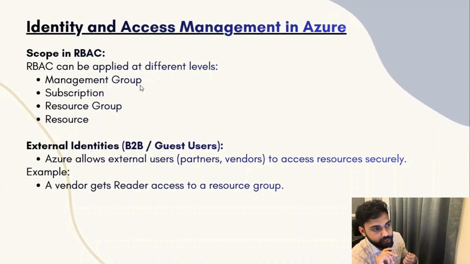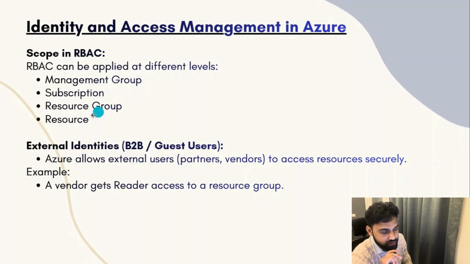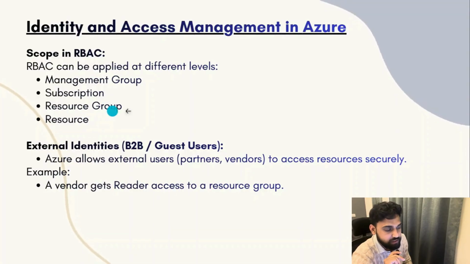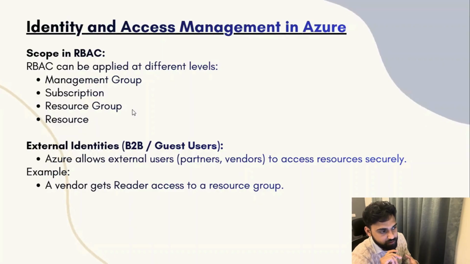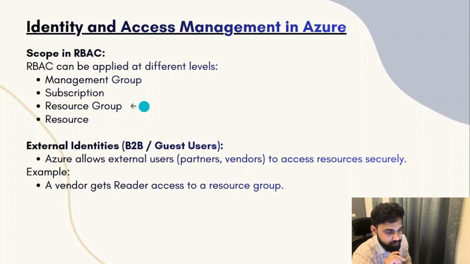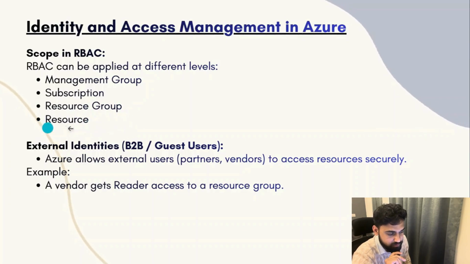If you apply the role only at the resource level, then it is applicable only to that particular resource. But if you give the user the reader role at the resource group level, they can read all the resources inside this particular resource group.